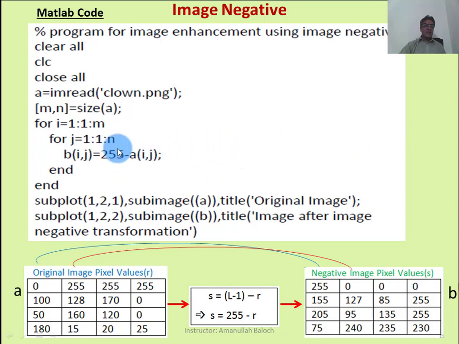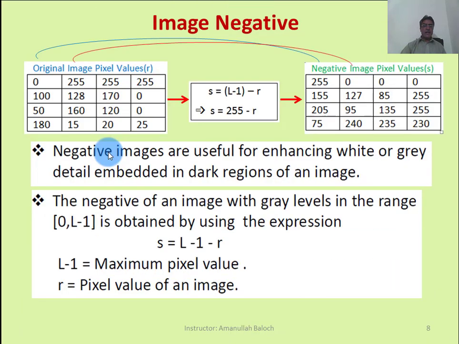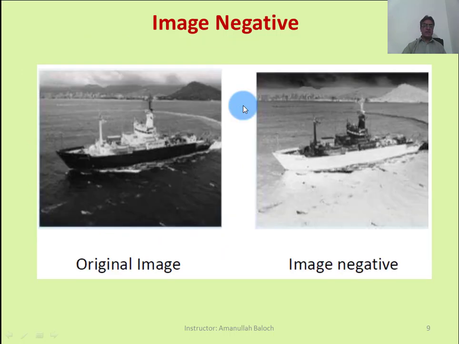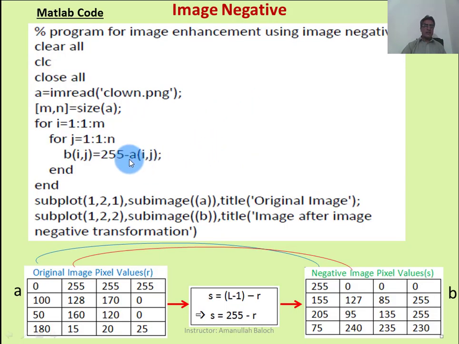And this is the transformation function which I have studied here. Here S is equal to 255 minus R. S is the negative image pixel, R is the original image pixel. You may see it here. A of i j, where i is 1, j is 1, the 1,1 location.